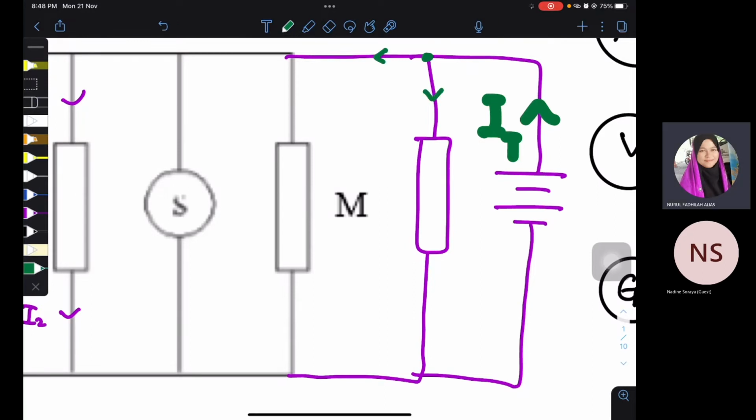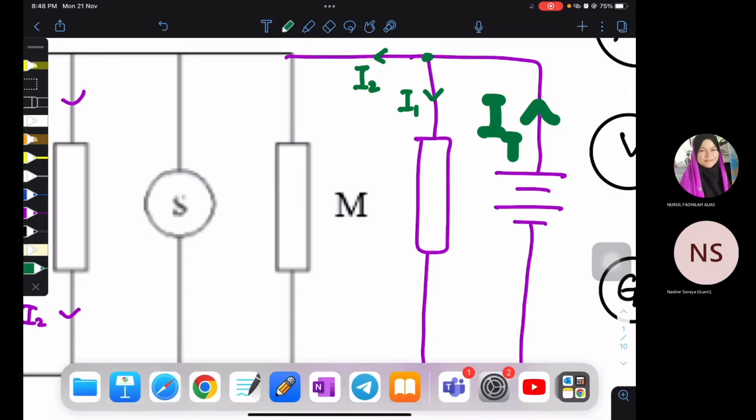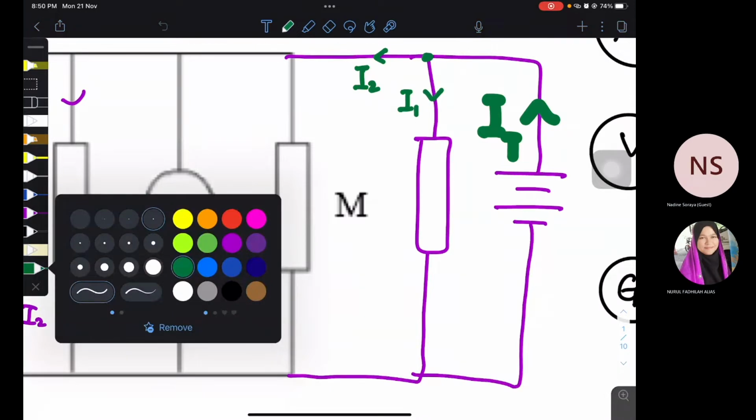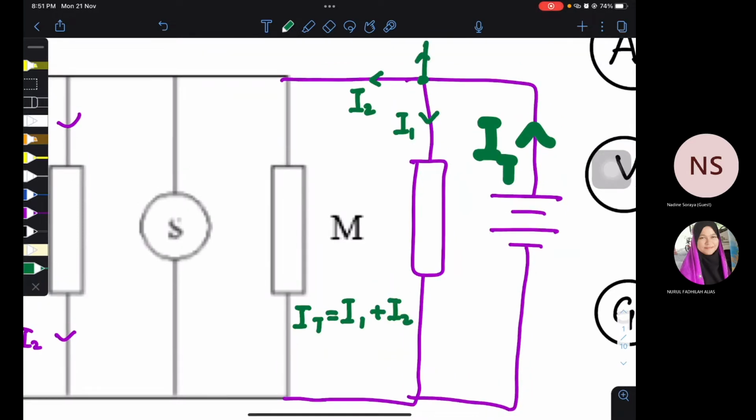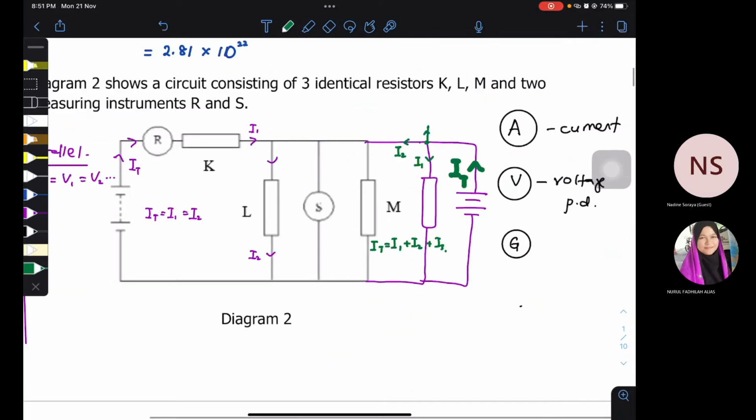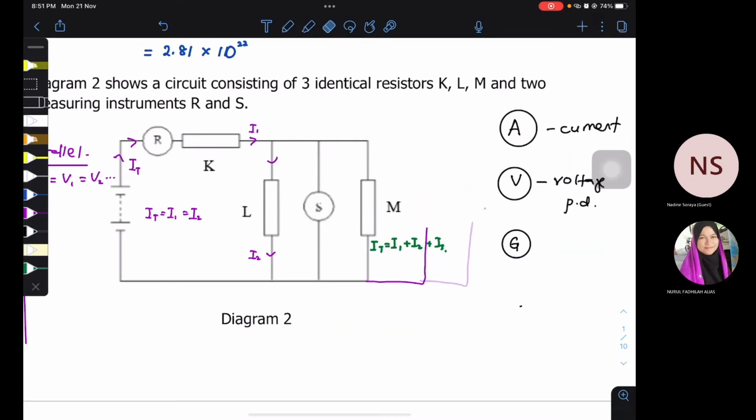Dia kena bahagi. Unlike tadi same path. Kat sini ada I1, this one I2. Dia punya konsep I total is equals to I1 plus I2. If we have more junction, dekat sini pula, dia tambah I3. Okay, jadi itu soalan contoh sahaja.